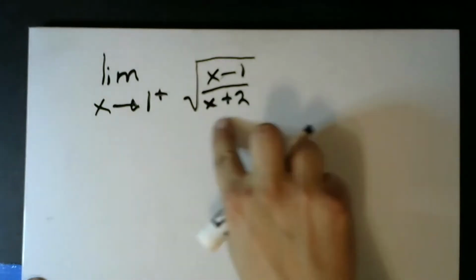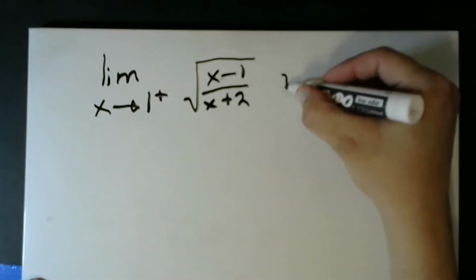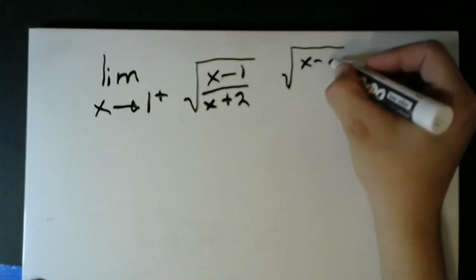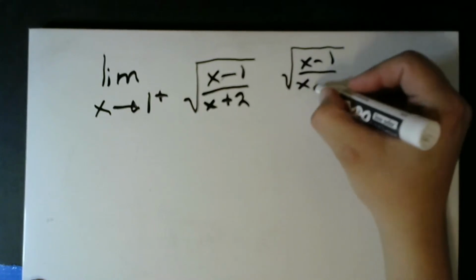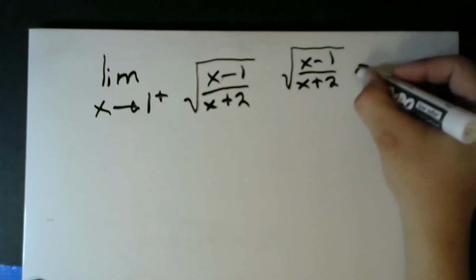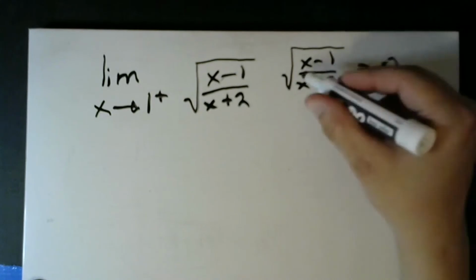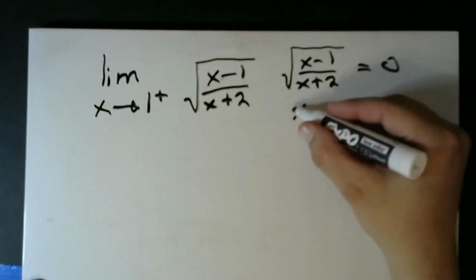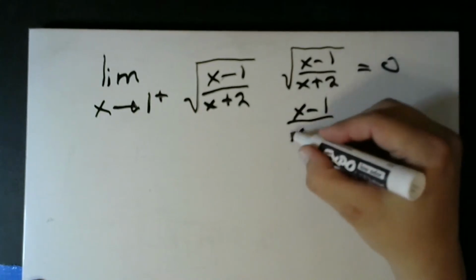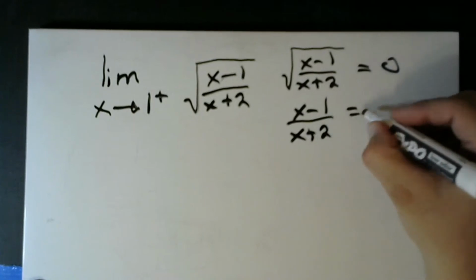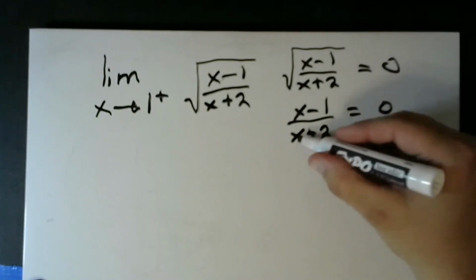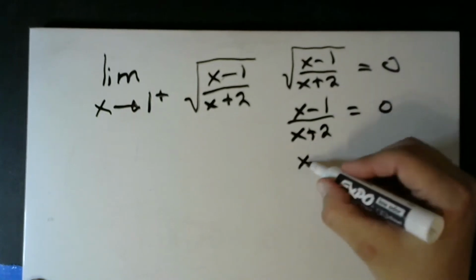First off, let's see where this crosses the x-axis. So to do that, let's set it equal to 0. So we square both sides. Multiply both sides by x plus 2.